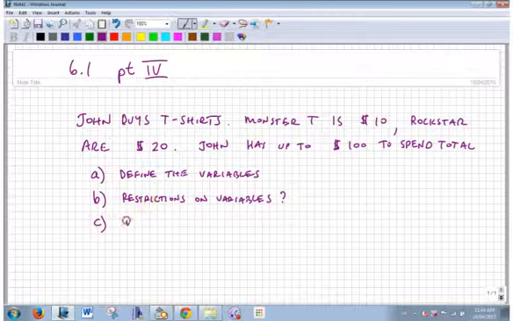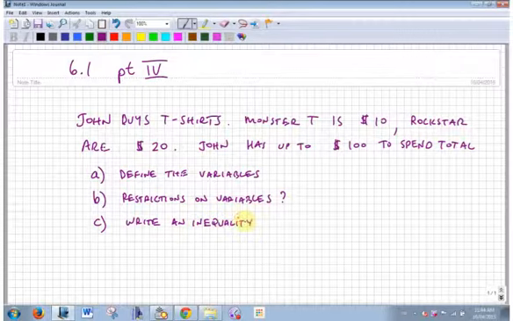C. Write an, what's the name of this chapter? Inequalities.